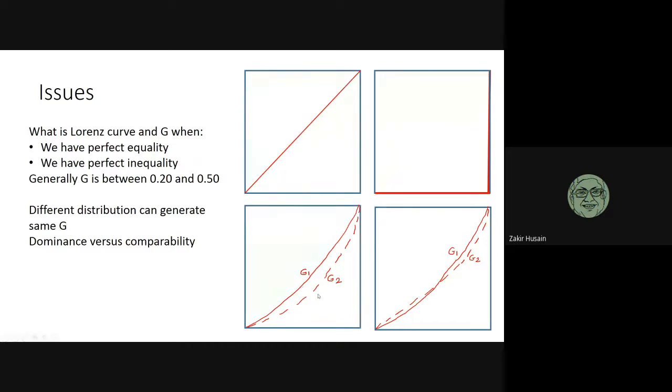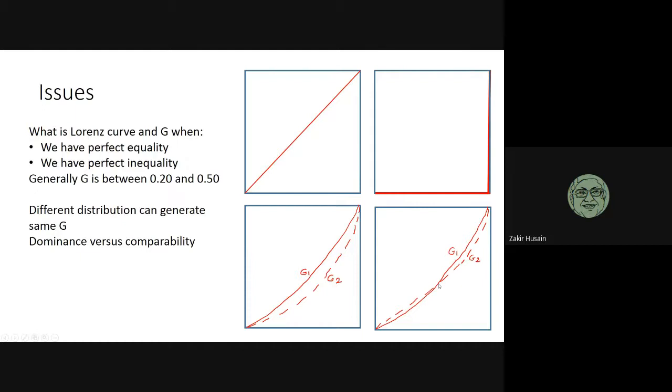As we move away from the 45-degree line, the society becomes less equal. But in this case, we have two completely different distributions. If you look at this part, G2 is relatively equal, but if you consider the upper section, it is G1 which is more equal.